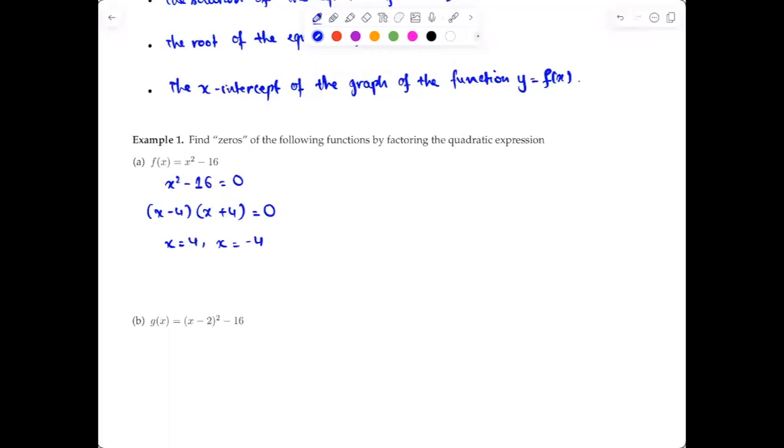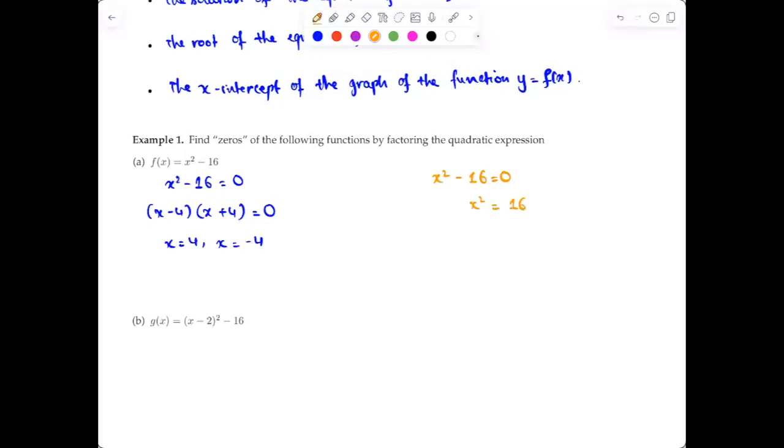Another way that you can find the solution of the equation is that you move negative 16 to the right-hand side and then take the square root on both sides of the equation. Although that is not a factoring method, that's another way to do it. So I'm going to write on the right-hand column here. x squared minus 16 equal to 0, or you do x squared equal to 16.